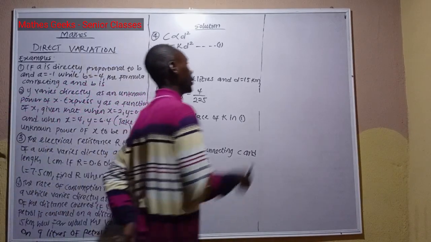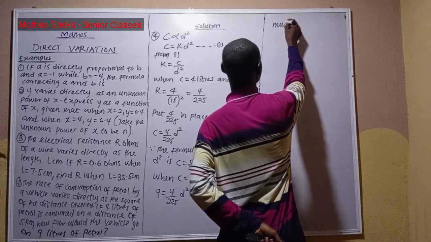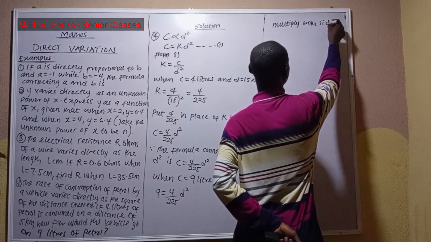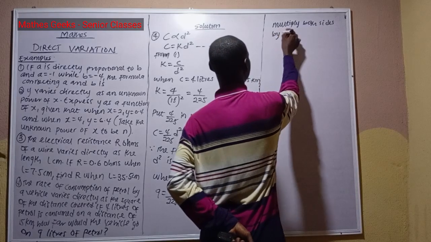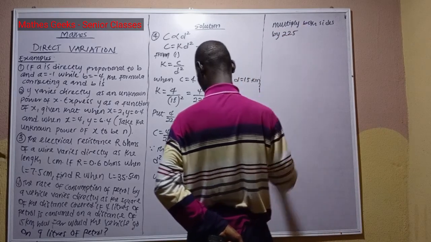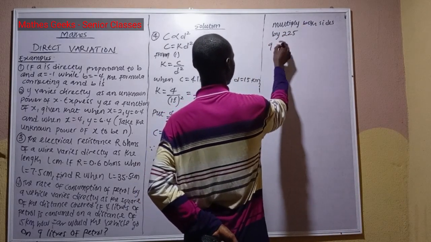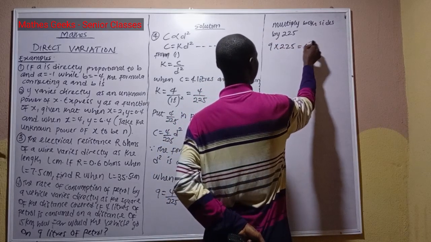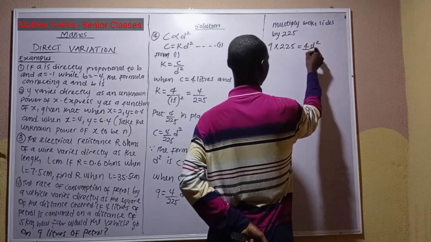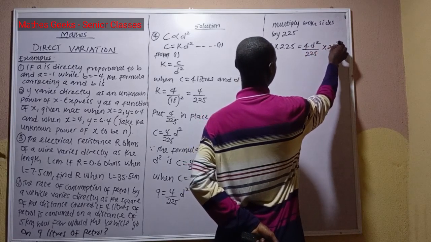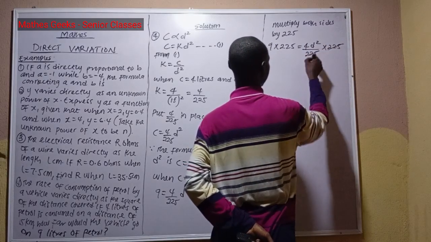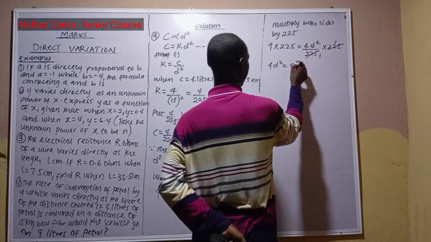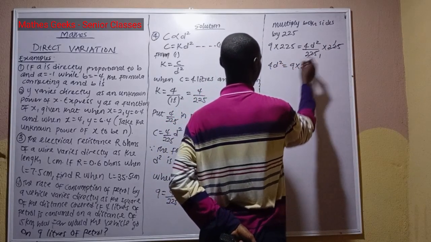So multiply both sides by 225. So 9 times 225 is equal to 4 D squared over 225 times 225.